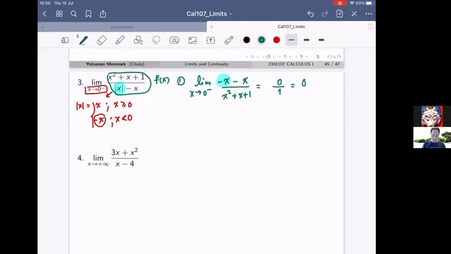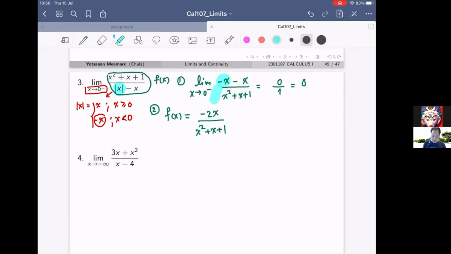So we know that the limit of f of x itself is positive infinity or negative infinity. So let us determine the sign. This one will be a little bit tricky. But let's look at your f. Your f of x right now is negative 2x over x squared plus x plus 1.